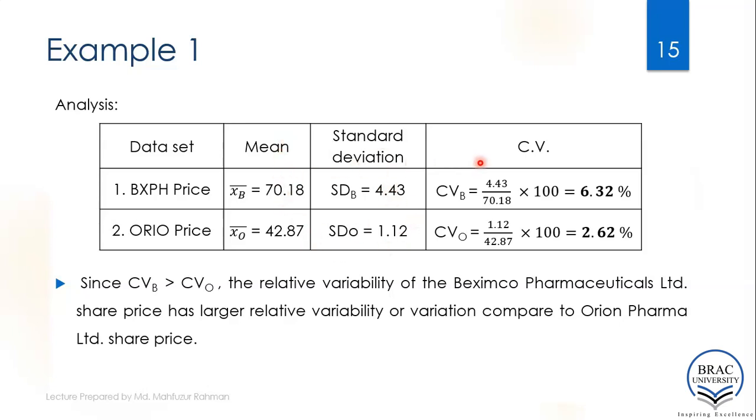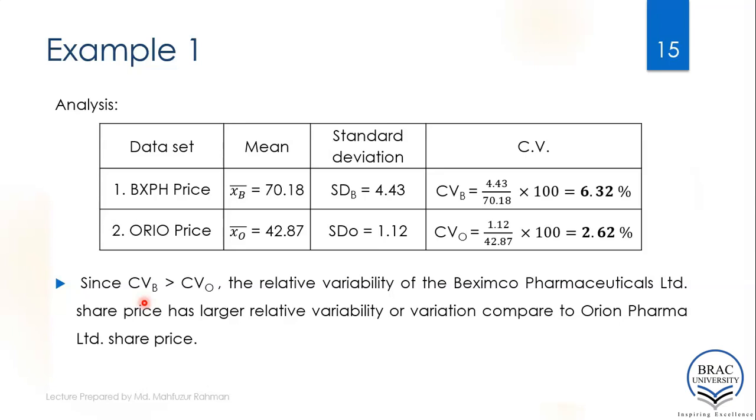Now, the CV for the first data set is 6.32%, and for the second it is 2.62%. So it's very clear from these two values that the coefficient of variation for Beximco Pharmaceuticals Limited is greater than that of Orion Pharma Limited.